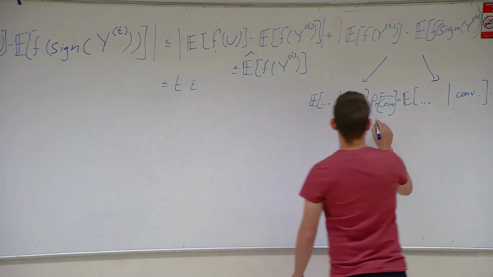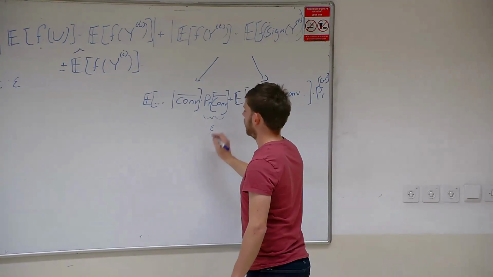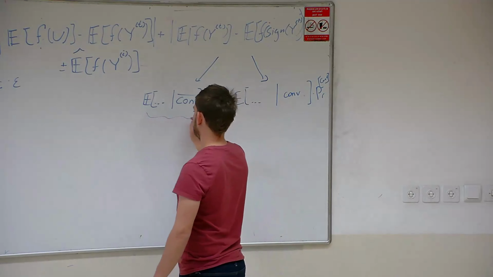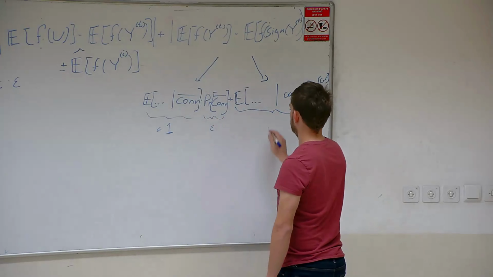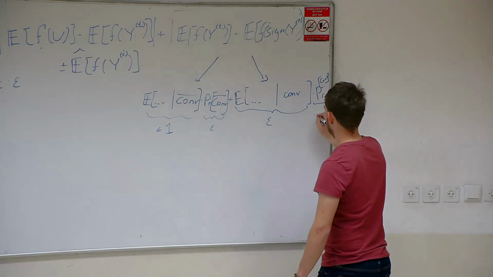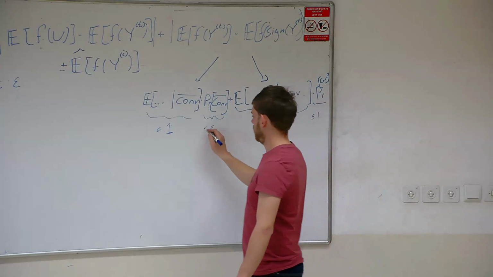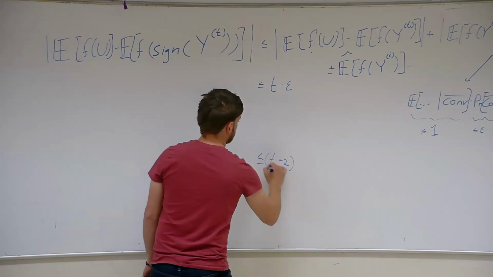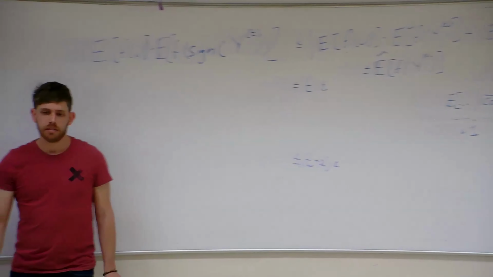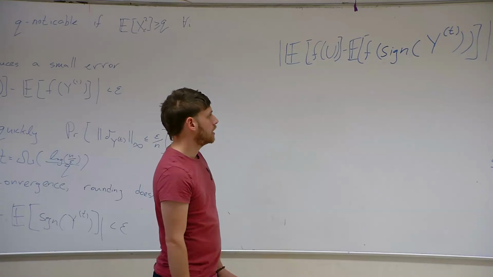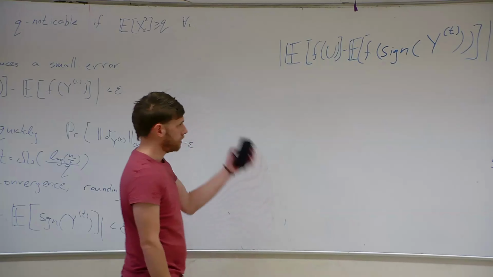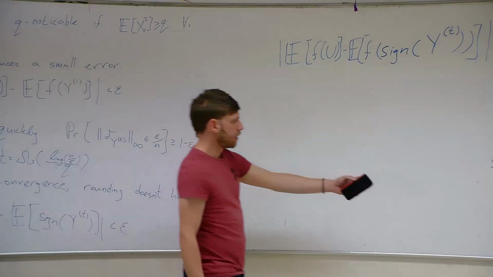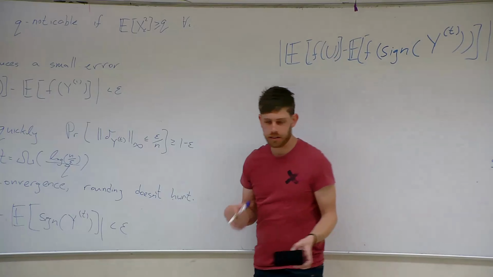Okay, so this one is at most epsilon, and this one is at most 1. And this one is at most epsilon, and this one is at most 1. All in all, we have at most t plus 2 epsilon. Okay, so our new PRG fools the family of functions f with this term, as we stated in the beginning.